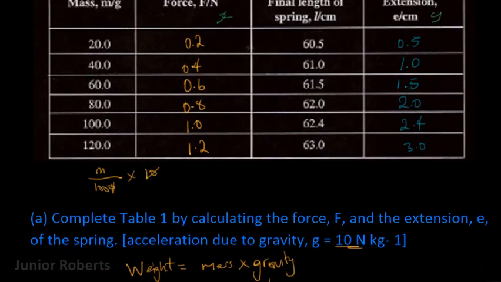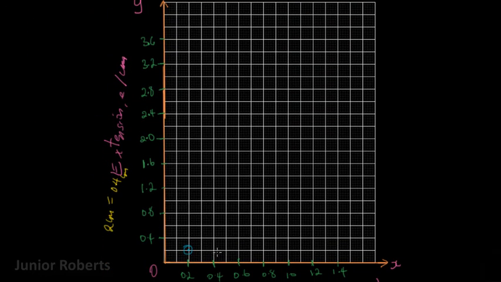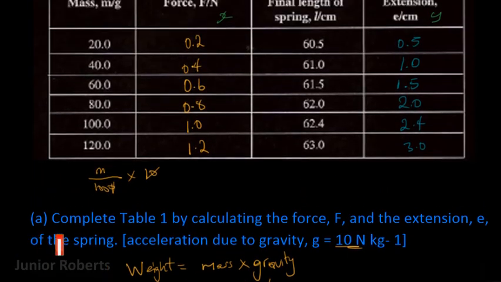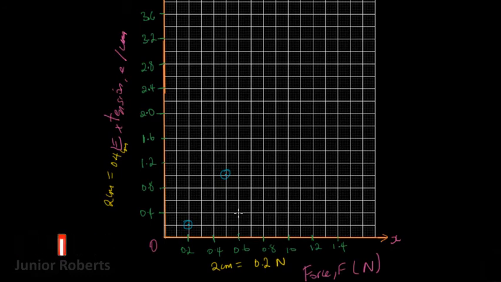Then 0.4 goes to 1.0, which is right here. 0.6 goes to 1.5, so 1.5 is about right here.